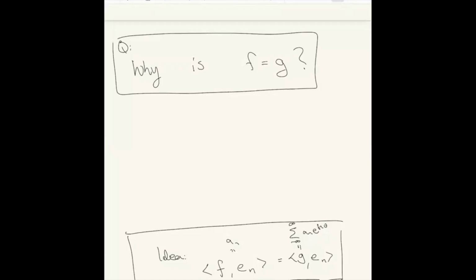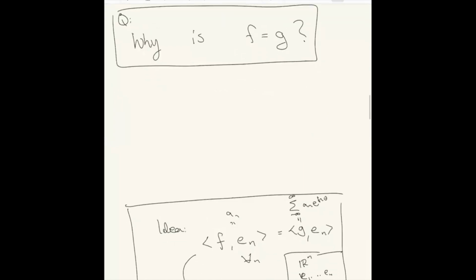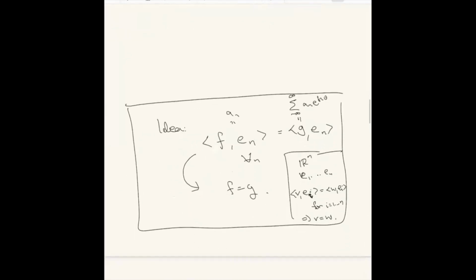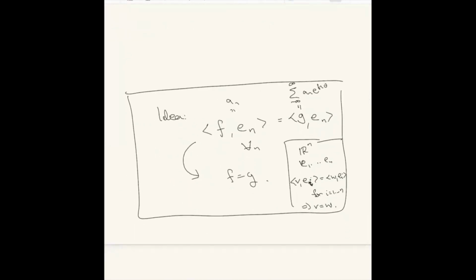But why is this function g, which is the sum of the Fourier series, equal to f? There's no reason for it to be equal to f, just by what we have said so far. Well, the idea is that we use that heuristic calculation. We know by definition that the nth Fourier coefficient of f is a_n. But if we compute the nth coefficient of g, it is the Fourier coefficient of this series.